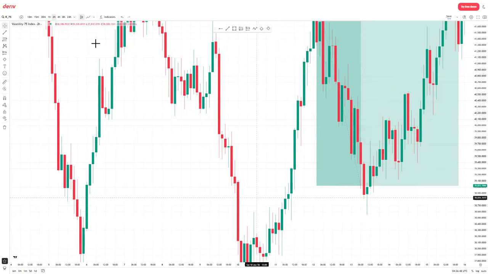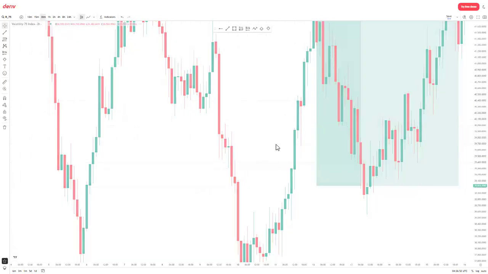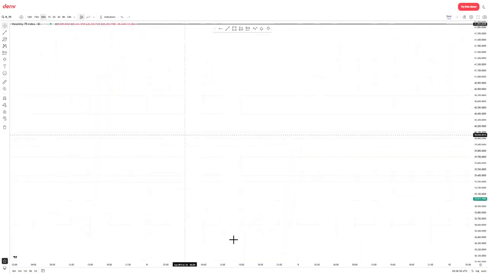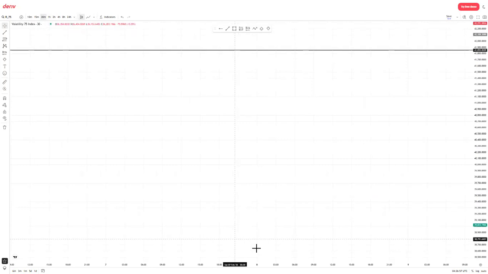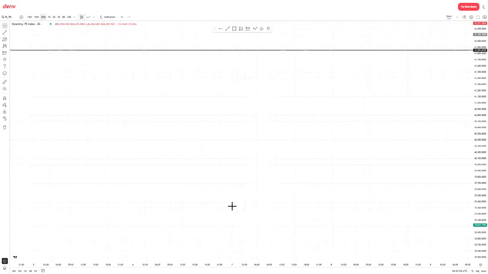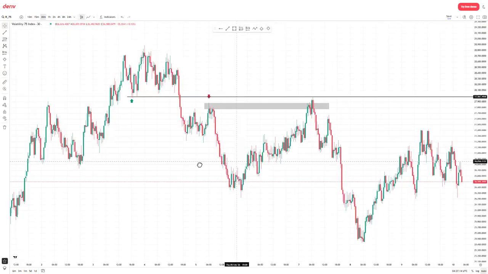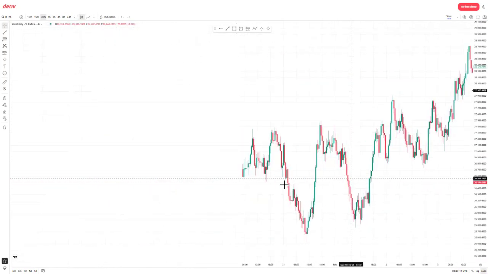You move to 30 minutes, looking at the chart. If you don't know that the market is communicating with you in all the angles, you'll find yourself moving in the same position over and over and over again. So here, if you look closer, we need to push a little bit back.